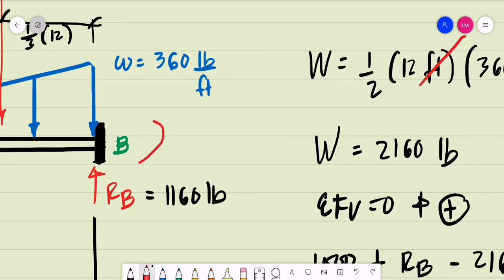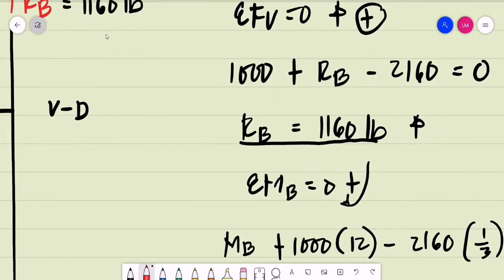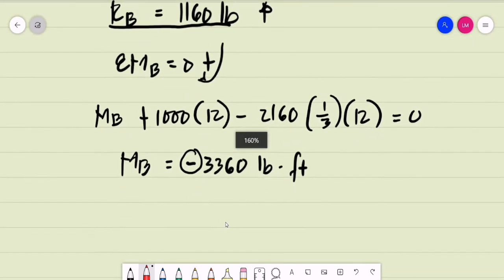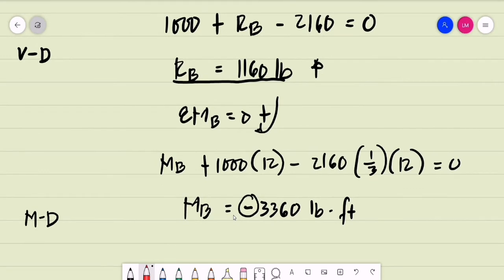So the moment at B is equal to 3,360 pounds foot. Again, on our moment equation we arrived with a negative sign and we assumed that the moment at B is clockwise, which means the correct direction of the moment at B is a counterclockwise moment.